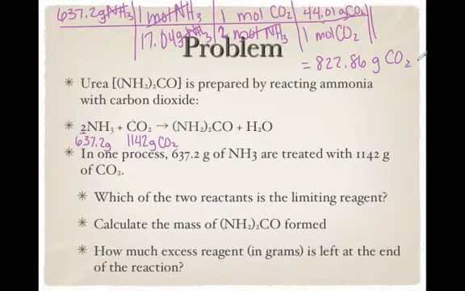So if we react all of the ammonia, we need 822.86 grams of carbon dioxide. How much do we have? Over that. Do we have enough? Yes, we have plenty.